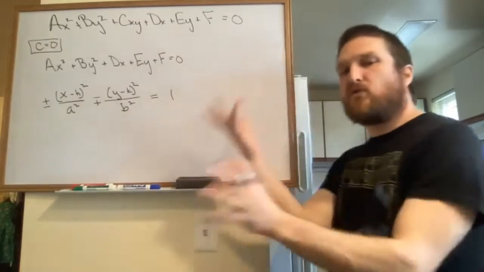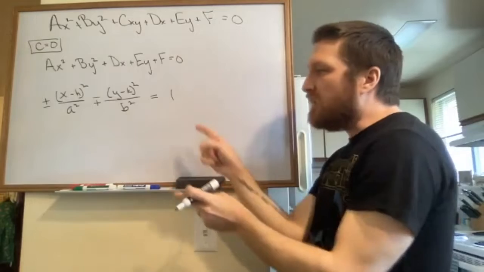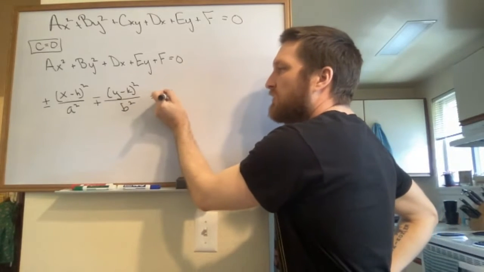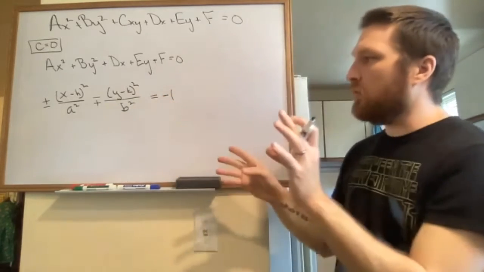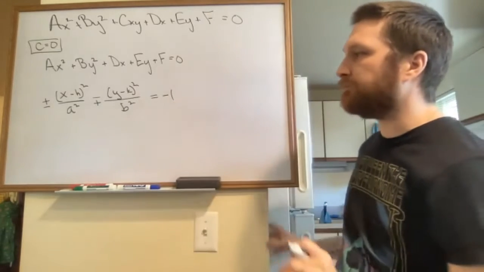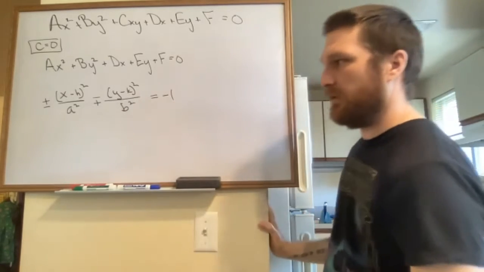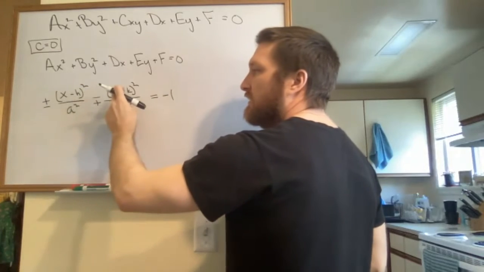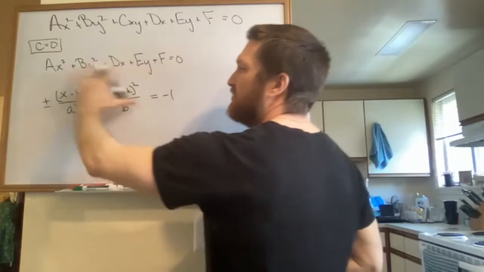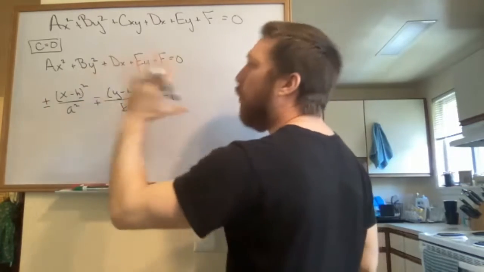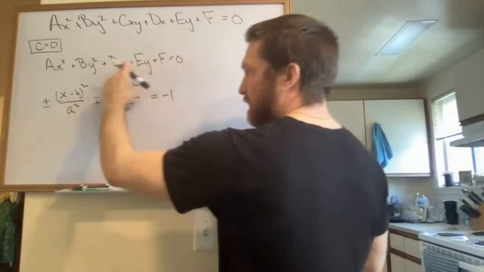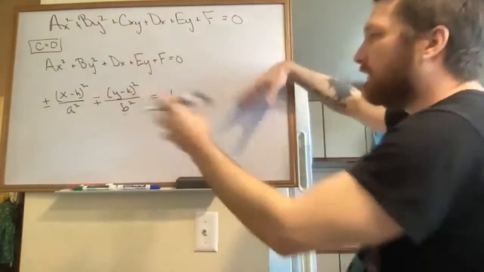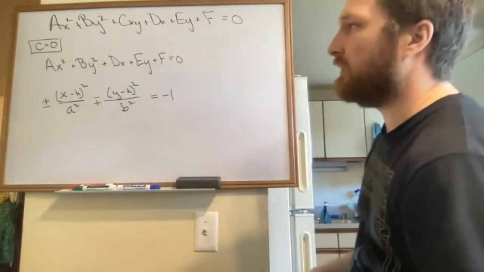Let's suppose you do all of this, but the number you ended up with over here was negative, so that when you divided everything through, you ended up with a negative. There are a few possibilities. Right now I'm not going to worry about the x minus h and the y minus k. This is just in general what you would get if you took something like this and completed the square, and eventually you would end up with something like that.